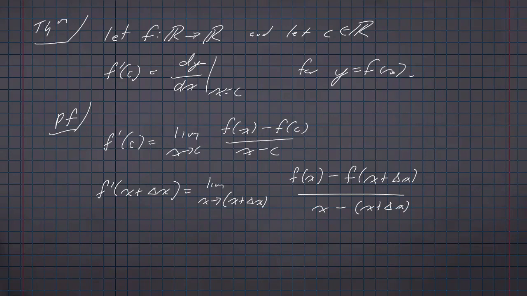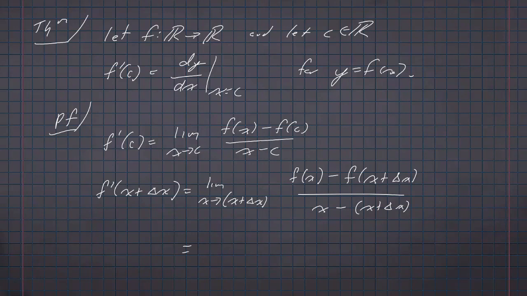And now all we have to do is take a look at two small changes and everything will work out. The more obvious change is in the fraction. When I have subtraction in the numerator and also subtraction in the denominator of a fraction, if I switch both of those subtractions, the sign in top and bottom will change and cancel each other out, and we'll be left with an equivalent fraction.